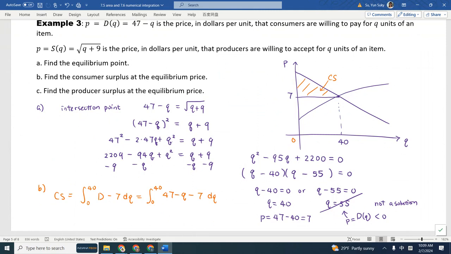Yes, everybody? Okay. Let's combine them. Well, we have the constant 47 minus 7, which is 40. So we have 40 minus Q, dQ.